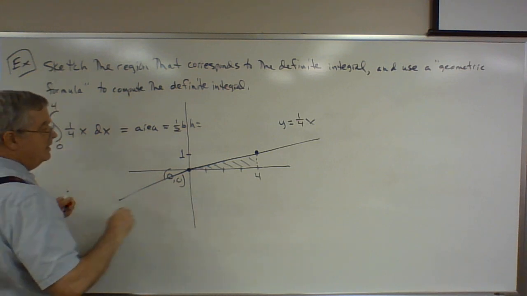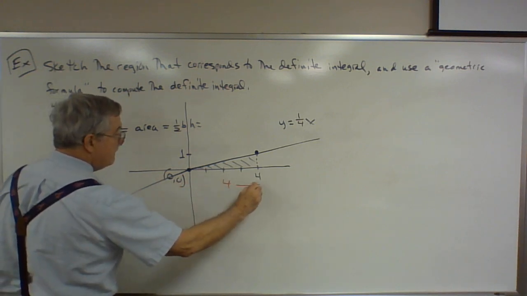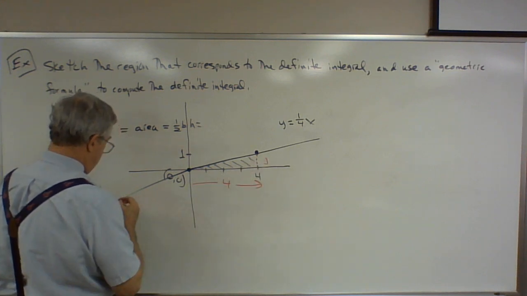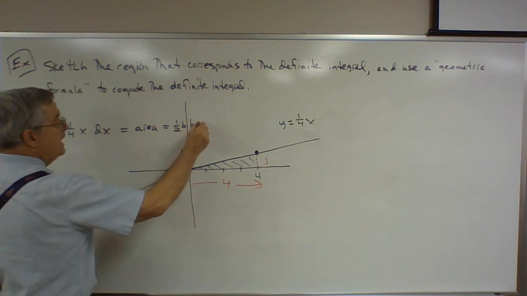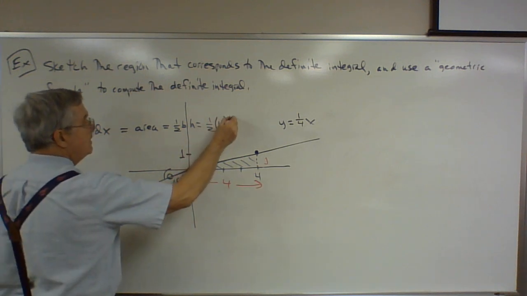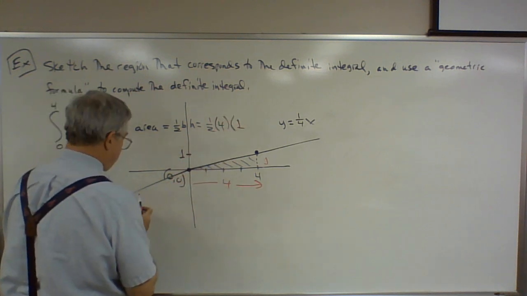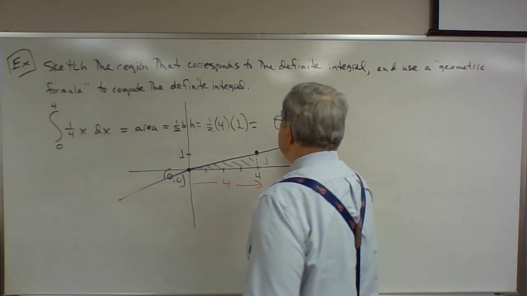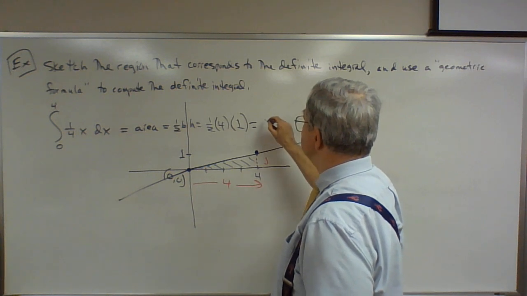The base here is 4. The height is 1. So it's going to be 1/2 the base times the height, and that's going to give us 2.